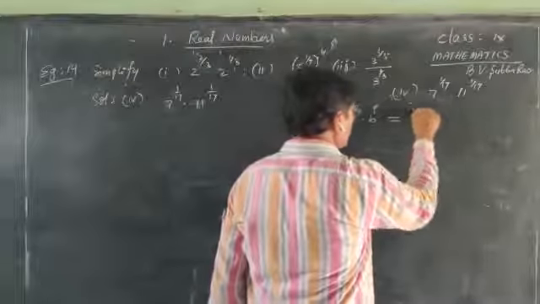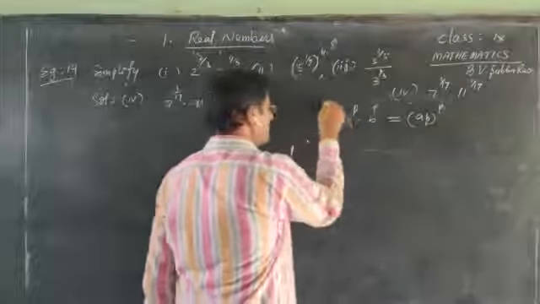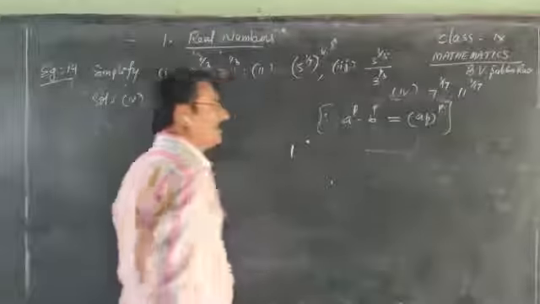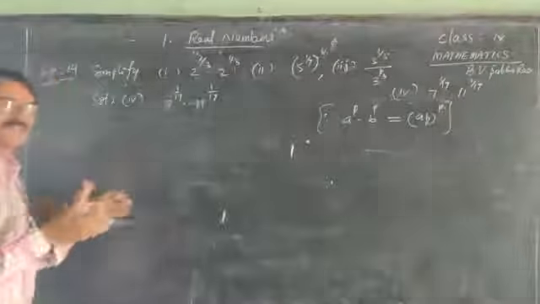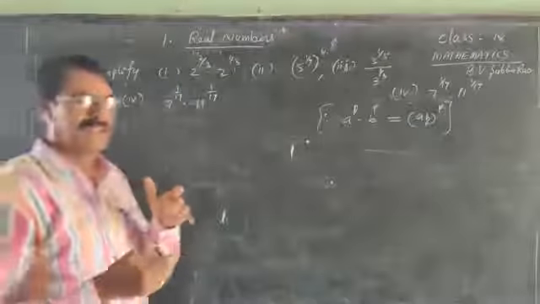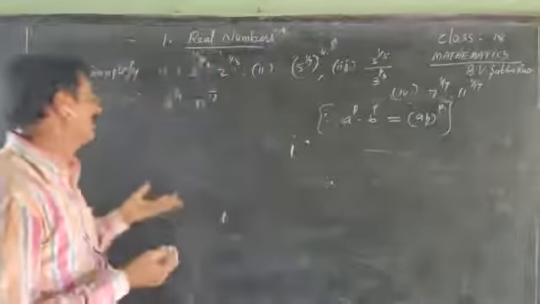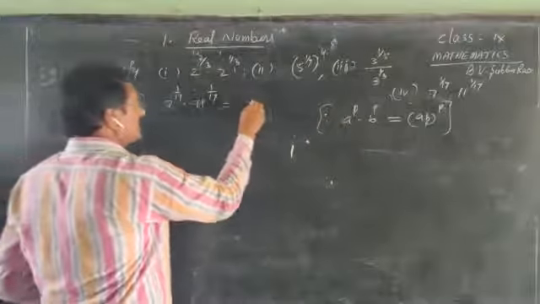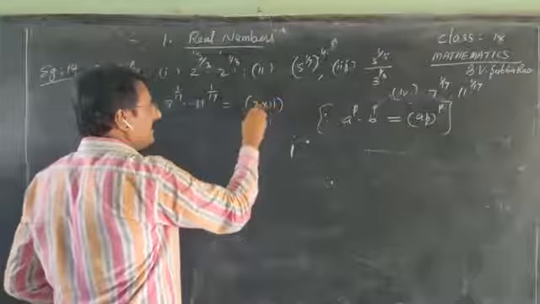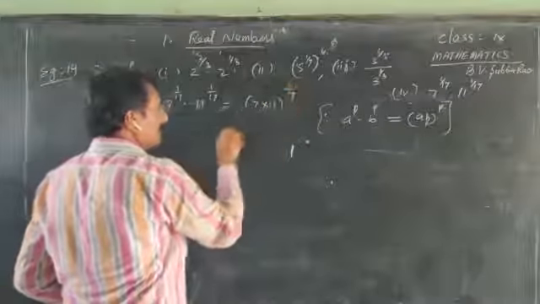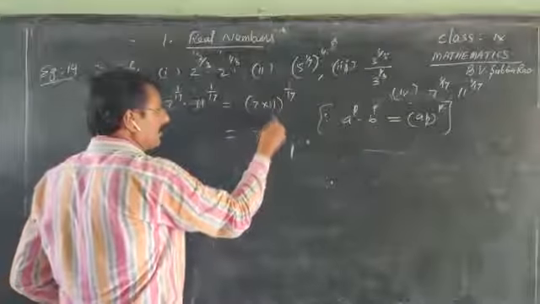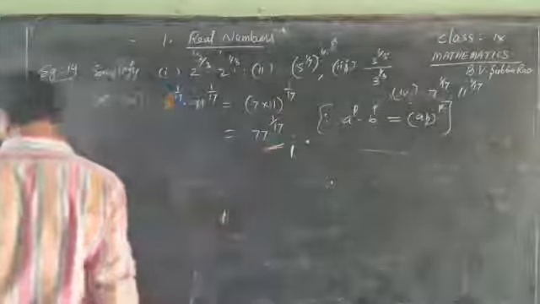So we can write (ab) whole to the power of p. As per this law, you must observe the given sum and see which exponent law is given. Now we can write 7 into 11, a into b, to the power of 1 by 17. 77 to the power of 1 by 17.